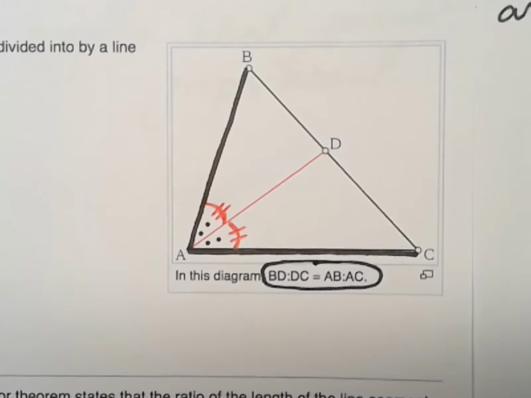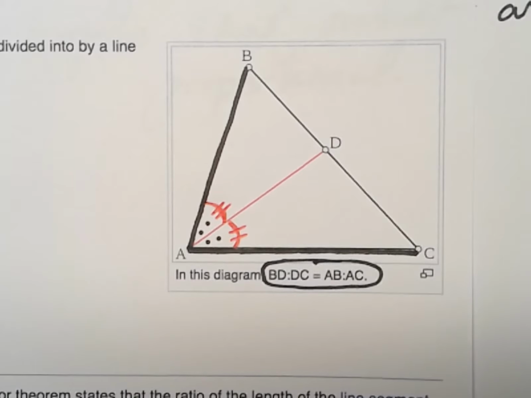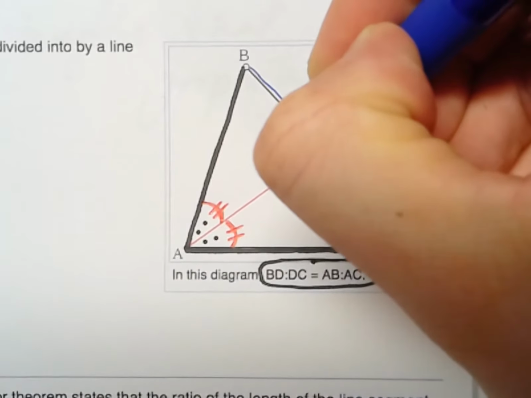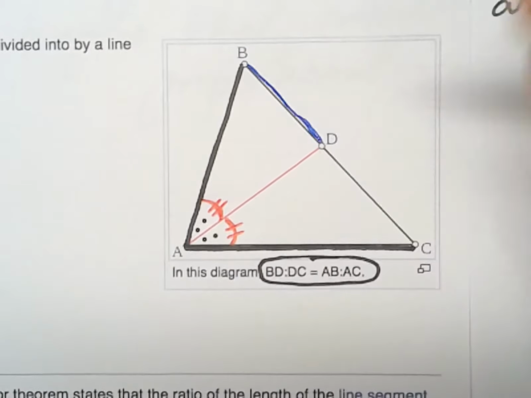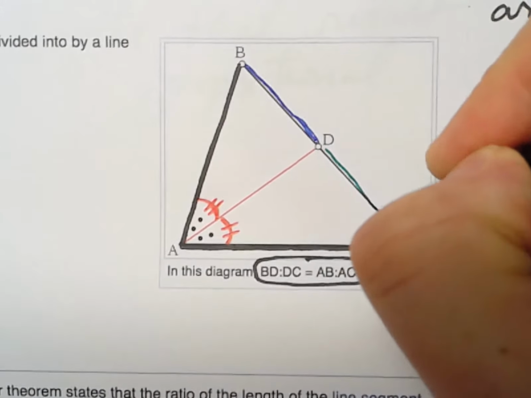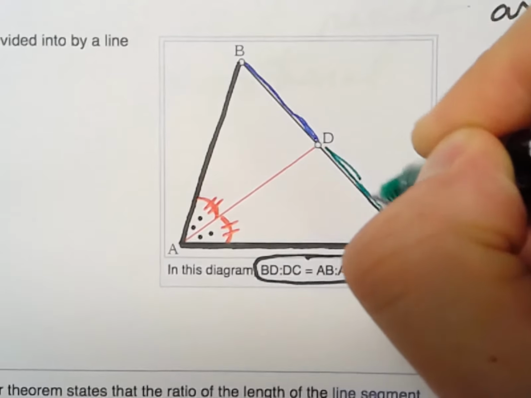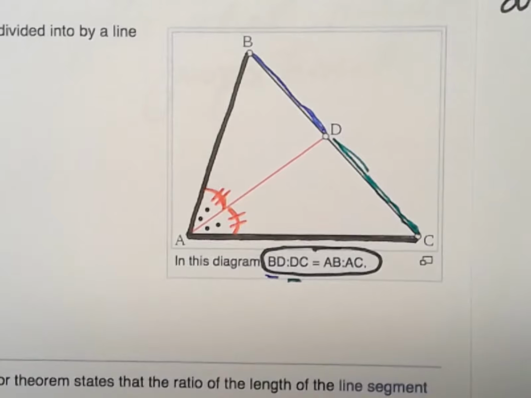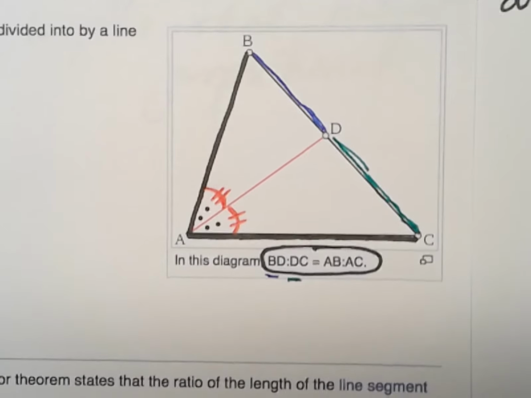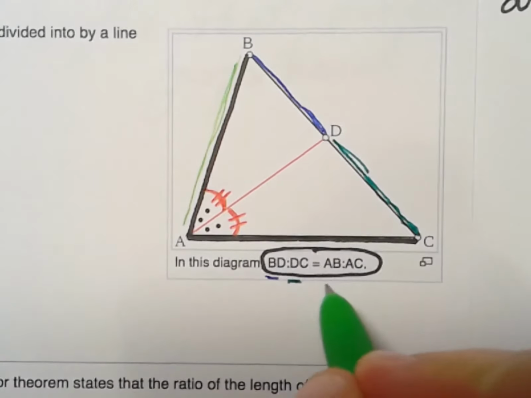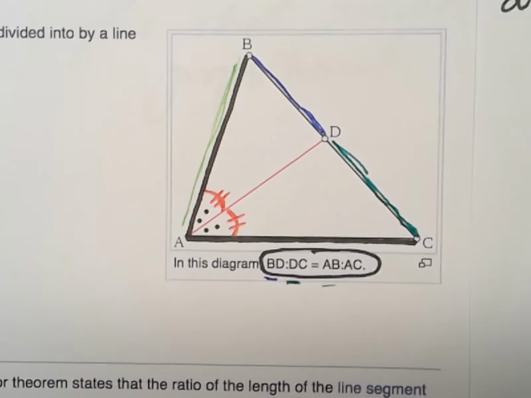And then this is what happens. BD, which is this side right here, is to DC as AB is to AC. I think that's really cool.